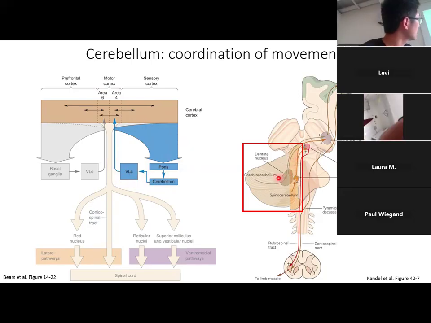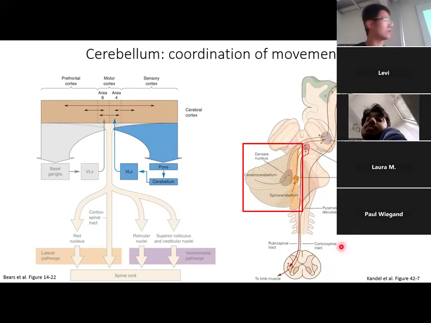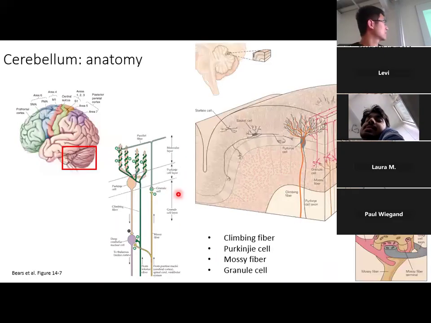Also, you can see the output of the cerebellum. First, the input is from the cerebral cortex going to the cerebellum. And the output first goes to the red nucleus and to the spinal cord, and also through the thalamus to the motor cortex and to the spinal cord. So this is the anatomical loop in the cerebellum.